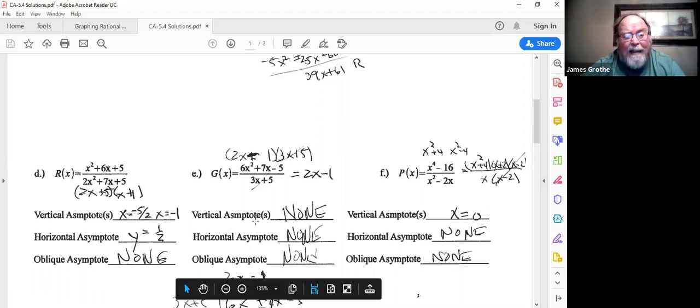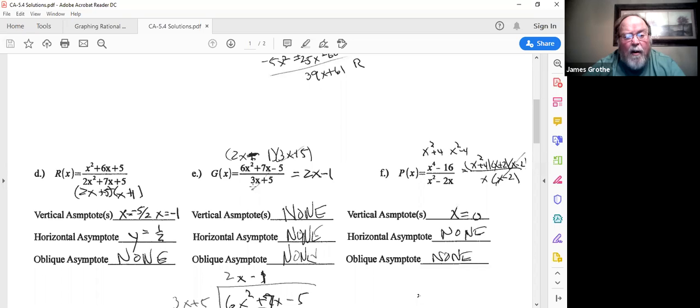On to letter E. We have g of x equals 6x squared plus 7x minus 5 over 3x plus 5. Notice the numerator factors as 2x minus 1 times 3x plus 5, over 3x plus 5. We can simplify this by canceling the 3x plus 5, and what we get is y equals 2x minus 1.